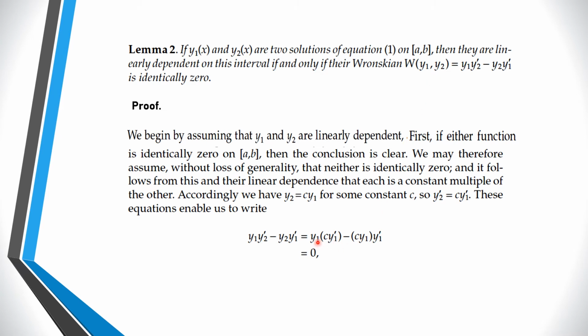It will become y1 c y1 dash minus c y1 y1 dash. Now just see, these two terms cancel out and you get that the Wronskian is 0. So whenever y1 and y2 are linearly dependent, the Wronskian is always 0 for all x on the interval [a, b].